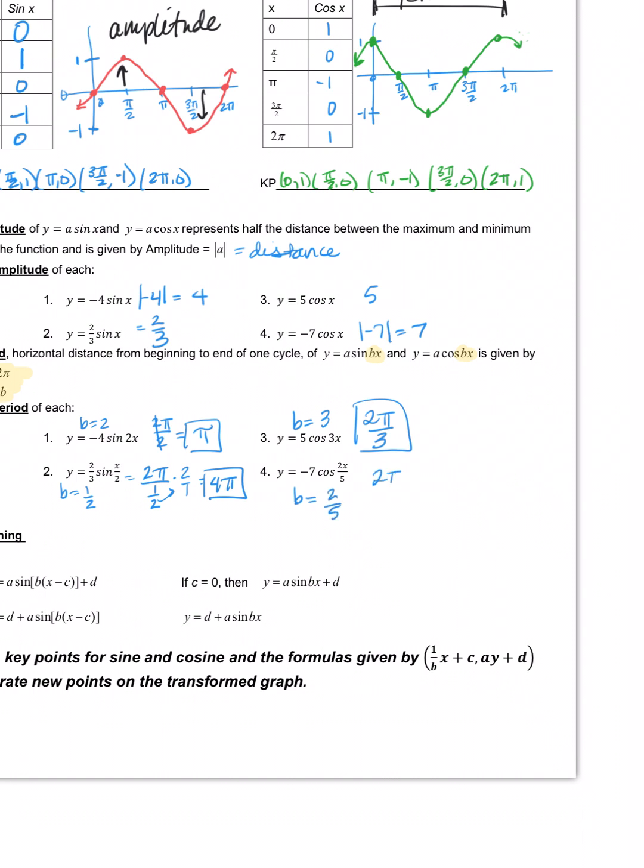So I've got 2 pi divided by 2/5. That means I'm going to do 2 pi times 5/2. That gives me 10 pi. So it's way stretched out. Oh, no, 5 pi. I was just checking. Good job. Pay attention. 5 pi.